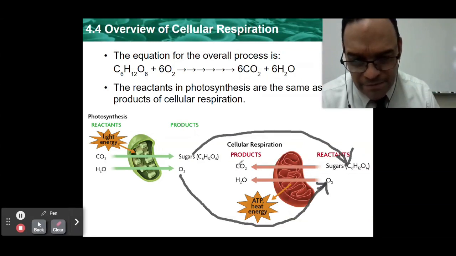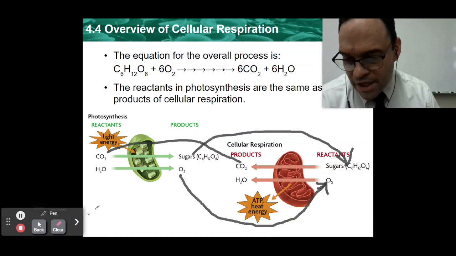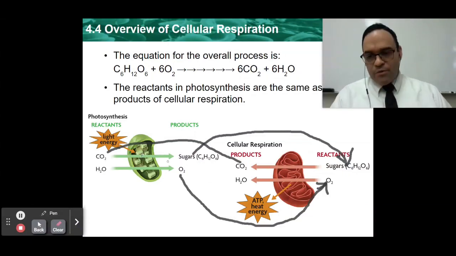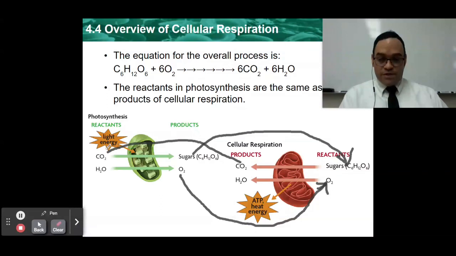Carbon dioxide comes out of cellular respiration and it goes into photosynthesis. Sorry, CO2 comes out of cellular respiration, but it goes into photosynthesis. And then water comes out of cellular respiration, but it goes into photosynthesis.